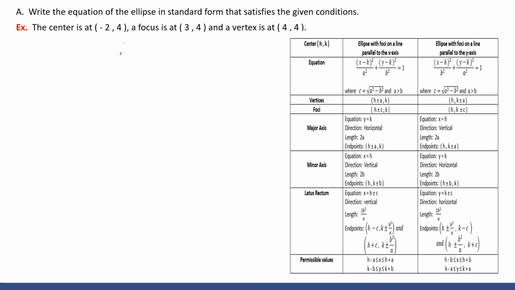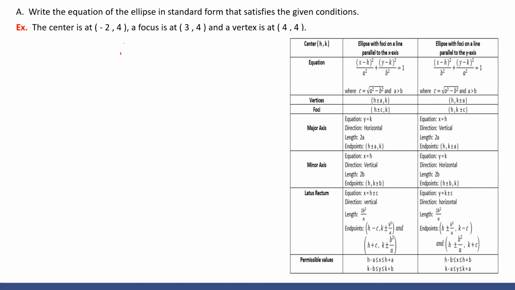And by the way, going back dito sa problem na to, if you notice, dun sa pag-solve natin ng value for A and value for C, ang ginamit lang natin ay H plus A and H plus C. Hindi na natin ginawa yung H minus A and H minus C. Bakit?